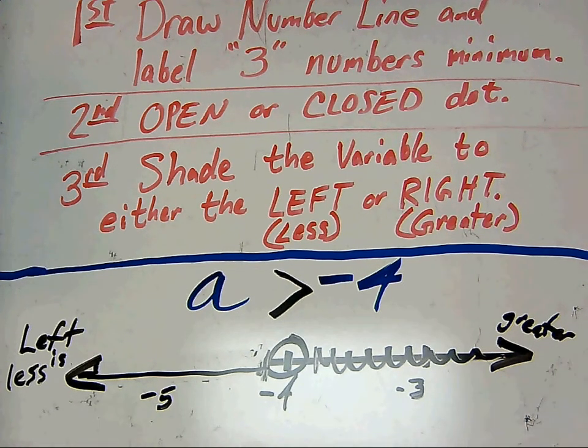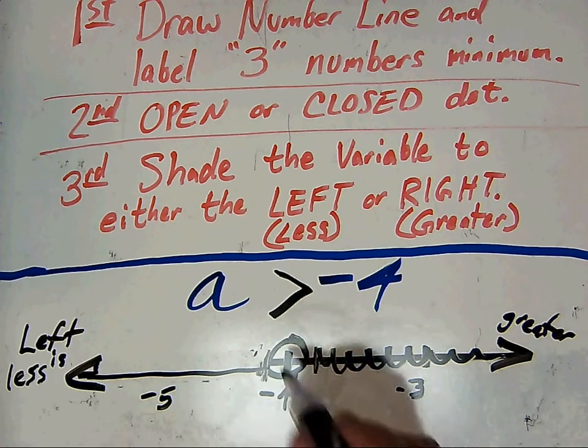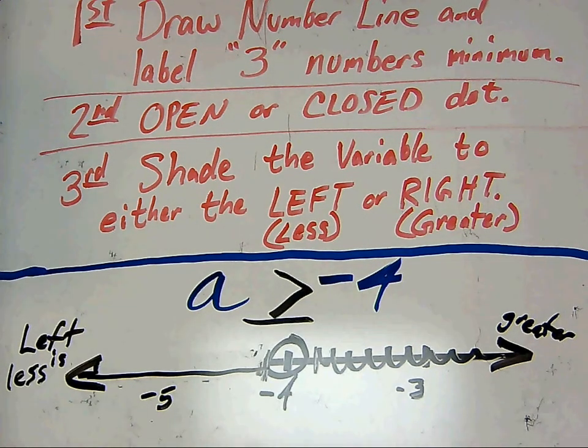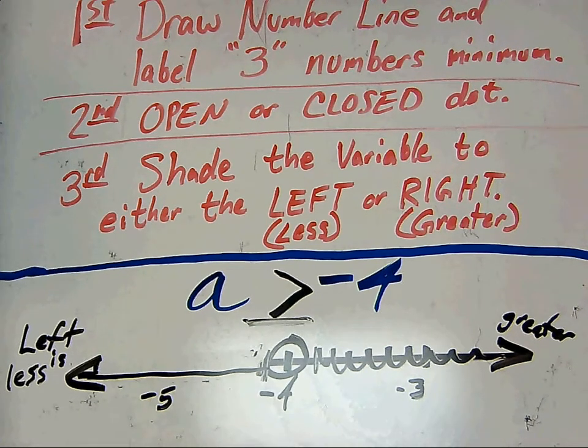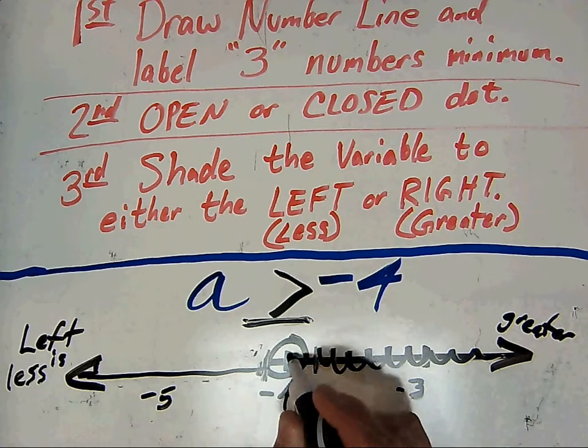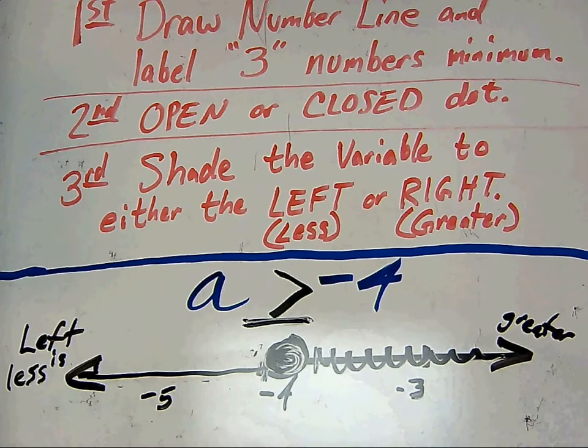Now, what if it's got one of these on it? So now it's or equal to. Well, it's still shaded this way, but a could be greater than negative 4 or equal. That's like half of an equal sign. So you will put a closed dot. If it's got an or equal to, it's going to be closed.